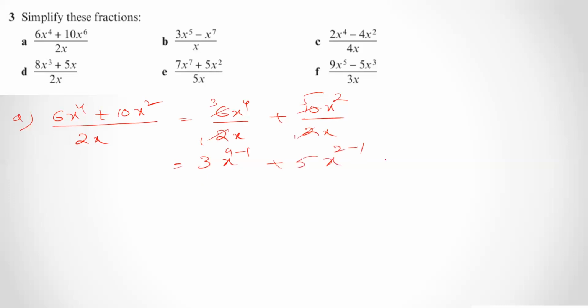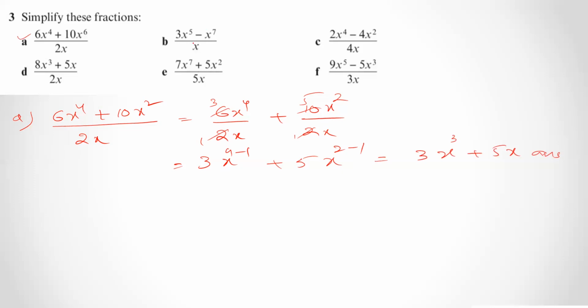We can write here 3 times x power 3 plus 5 times x power 1, or we leave that without writing it. So 3x cube plus 5x is the answer for question 3a part.